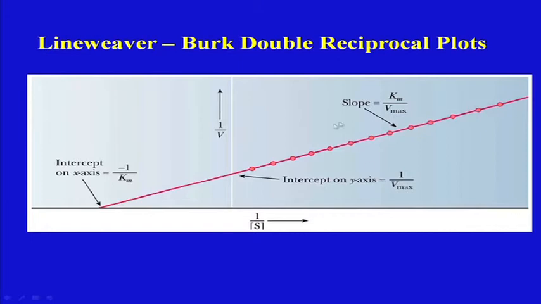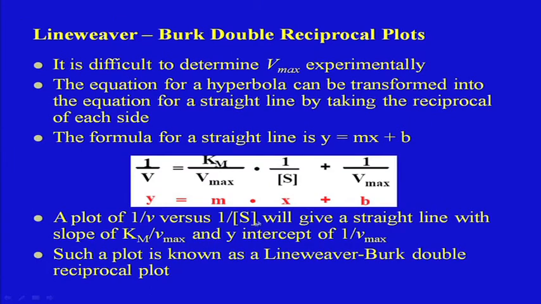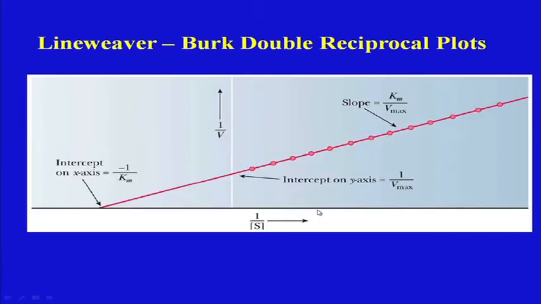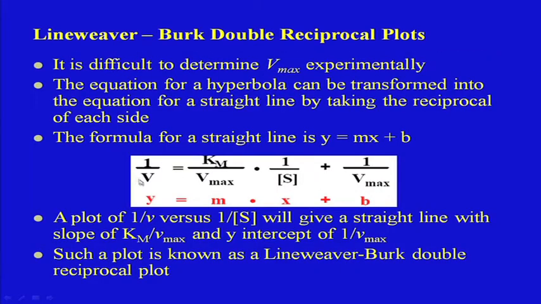Now, if you keep on going to the other side of 1 by S 0, then what would you get? Let us go back to the earlier slide, and just put your y value to 0. Okay. So, if this is 0, then what happens?